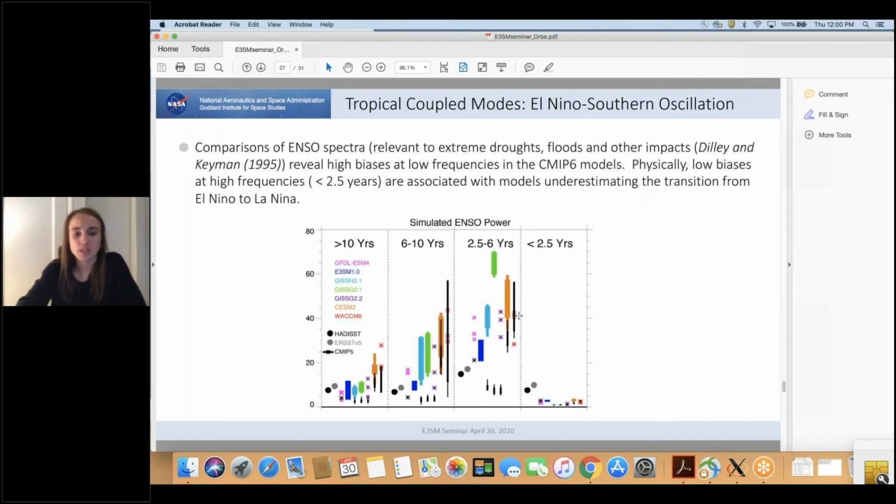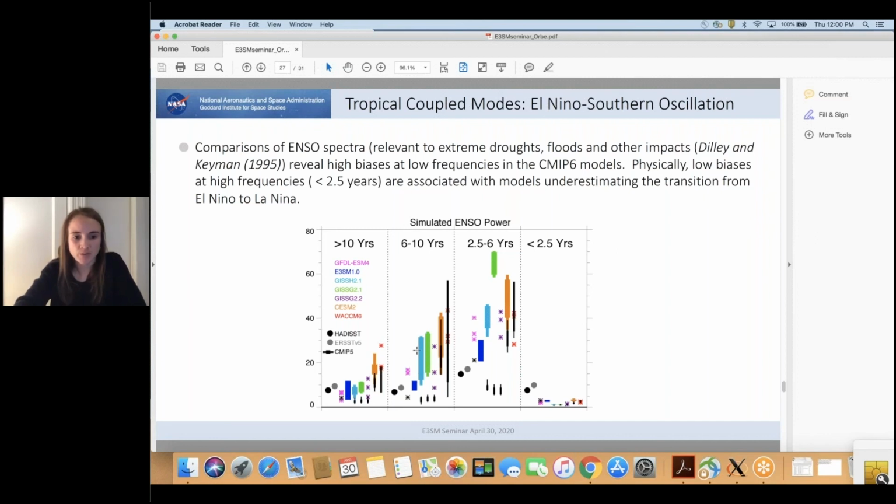And so it's interesting to look at ENSO from an impacts perspective, and to do so, one can look at a spectral decomposition of ENSO into different frequencies. If we do so and look at how the performance of ENSO compares to these observational constraints, again decomposed into different frequency bands, we can see that actually there's been a degradation in the performance of ENSO among certain models.